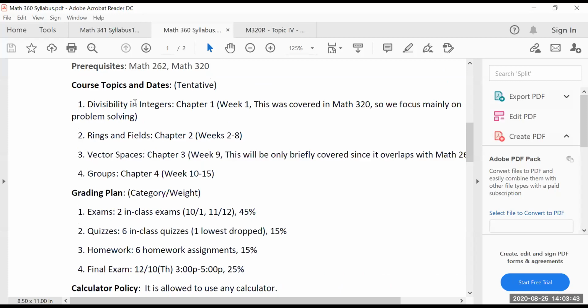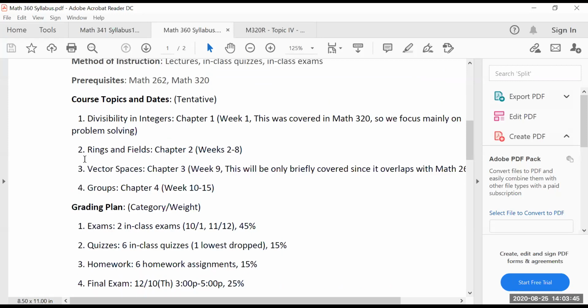Second topic is rings and fields. This is chapter 2. So rings and fields will take a lot of time in this course, through the second week to 8th week.